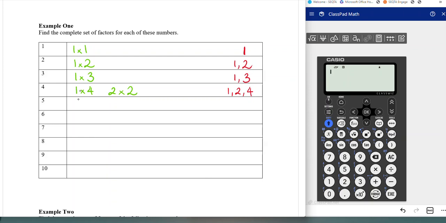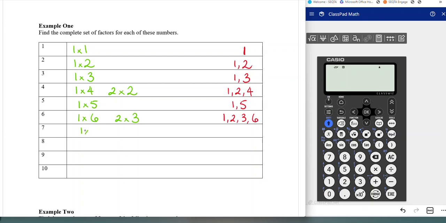Question 5. We can do 1 times 5, which means only 1 and 5 are my factors. 6, we have 1 times 6, or we can have 2 times 3. Now, if we do those in order, the 1 is the smallest, then 2, then 3, then 6. 1, 2, 3, 6. 7.